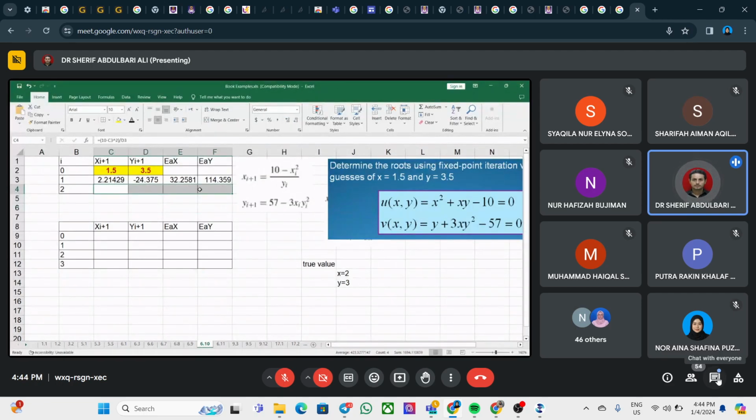And you can write your answer in the chat box if you don't have mine. What's the value of new X and what's the value of new Y, and the error for X and Y?